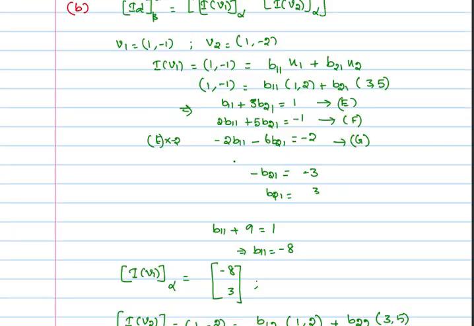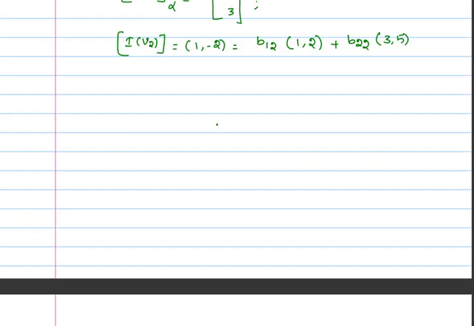So the same coefficient matrix will come again. So b12 plus 3 times b22 equal to 1, and 2 times b12 plus 5 times b22 equal to -2.